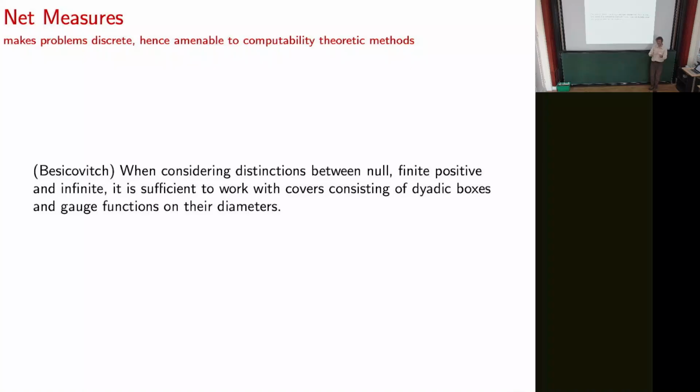So a dyadic basic open set would be something along the lines of an interval from n over 2 to the k to n plus 1 over 2 to the k. If you only look at dyadic intervals, you get the same distinction between null, finite, positive, and infinite.